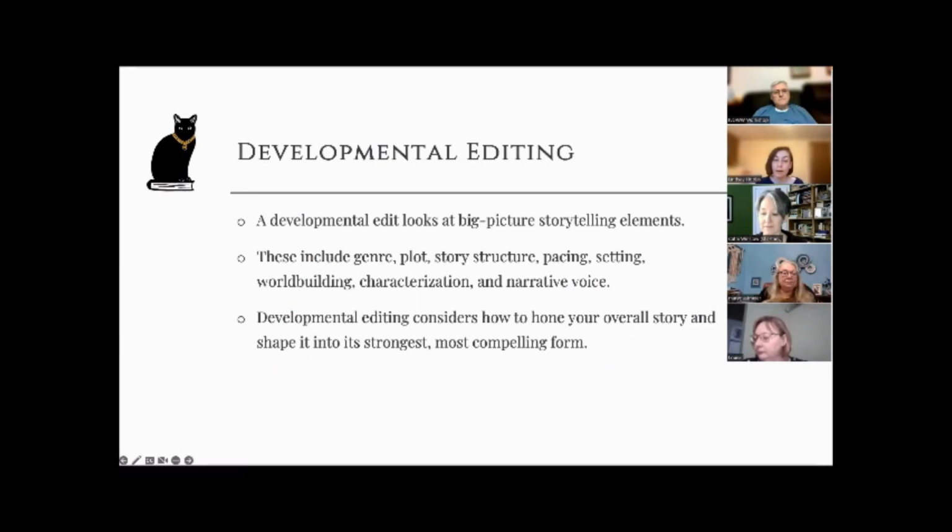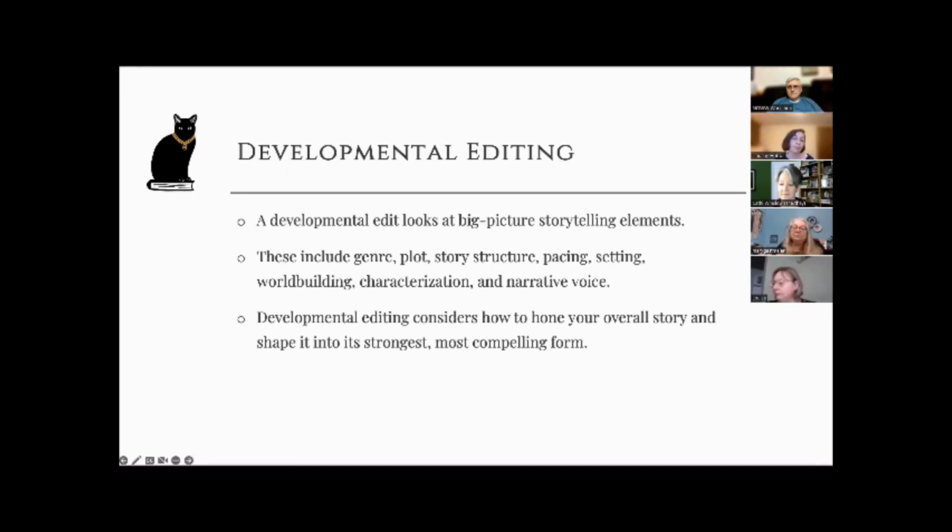Developmental editing is going to take up the most real estate in this presentation because it has the most number of facets to consider. Developmental editing is basically looking at big picture storytelling elements. So this is something that you would be looking at doing after you've written your first draft. First drafts, as I'm sure you all know, tend to be pretty messy and sometimes, depending on how you write, might be a little bit all over the place.